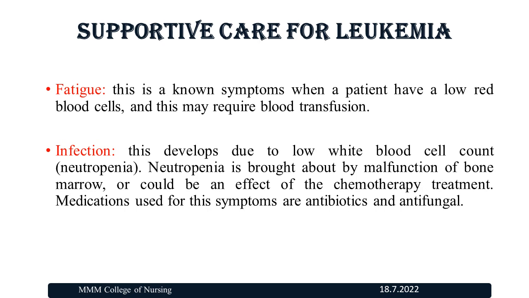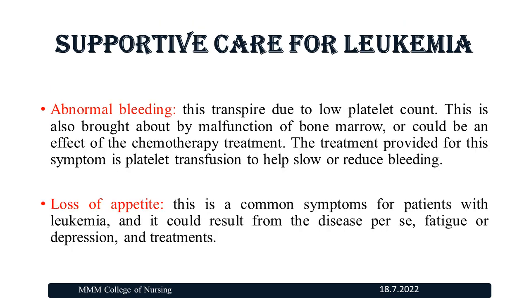Medications used for the symptoms are antibiotics and antifungals. Abnormal bleeding, this transpires due to low platelet count. This is also brought about by malfunction of bone marrow or could be an effect of chemotherapy treatment. The treatment provided for these symptoms is platelet transfusion to help slow or reduce bleeding.